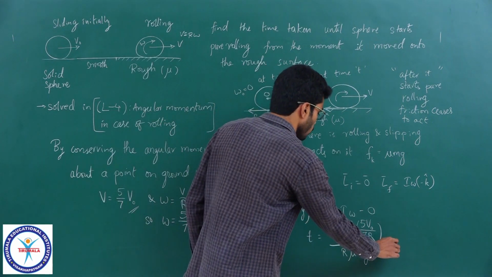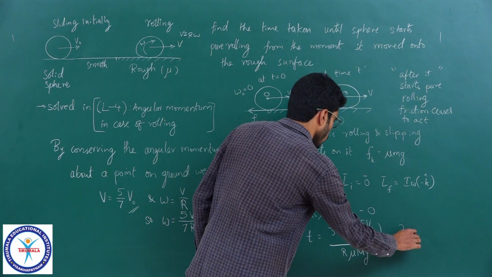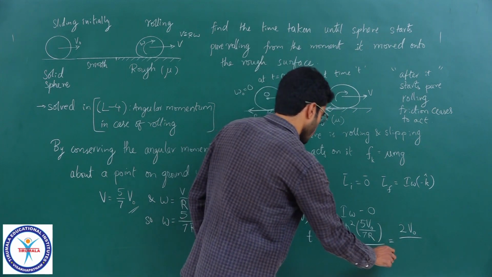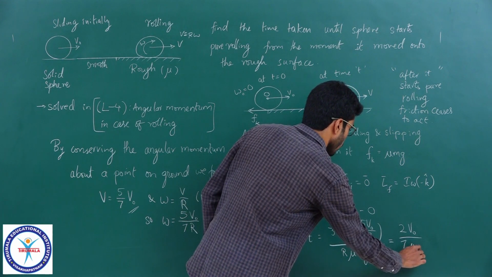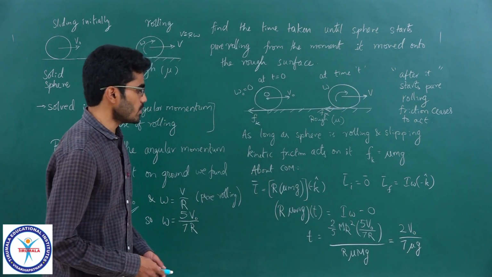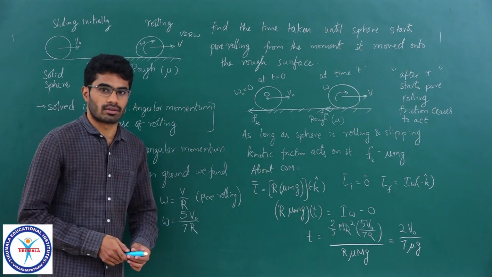So this will give you 2 V naught by 7 mu g. So that will be the time taken.